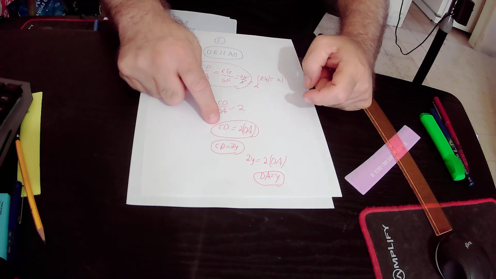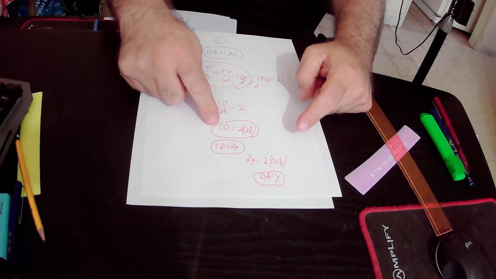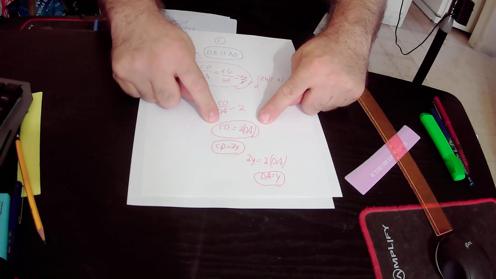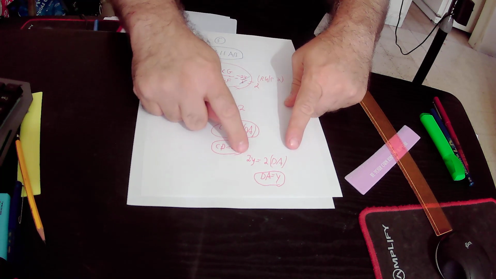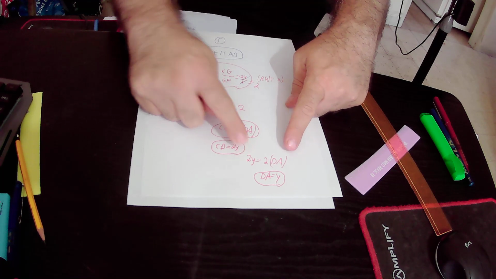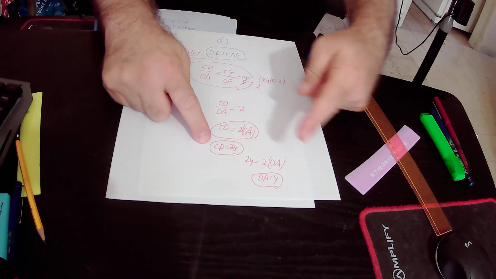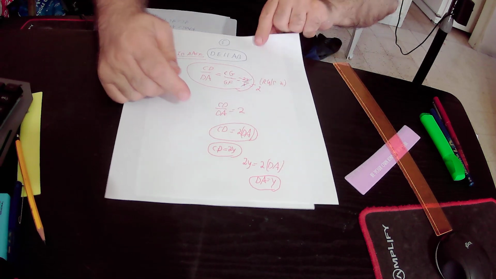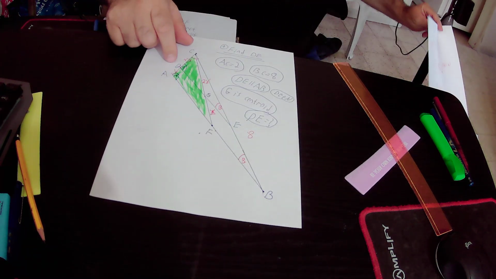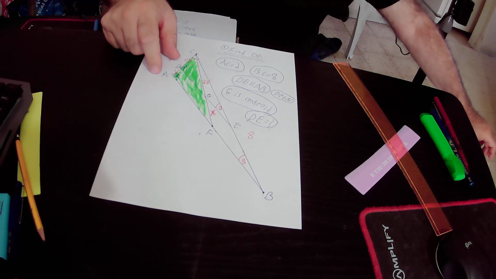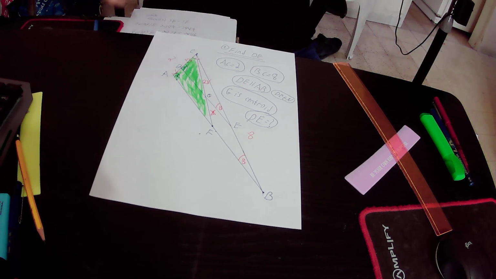We'll get that 2y equals 2 times DA. We divide this equality by 2, and we get that DA equals y. So we found out that if CD equals 2y, then DA will be equal to y. Okay?